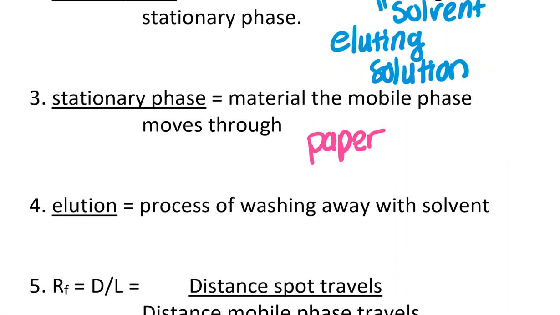Elution is that process when we basically will have our paper and we'll set it down into some of the eluting solution, and by capillary action it will move up the paper. That's the process of elution. And any compounds or mixtures that we put down here will get moved up by the solution.